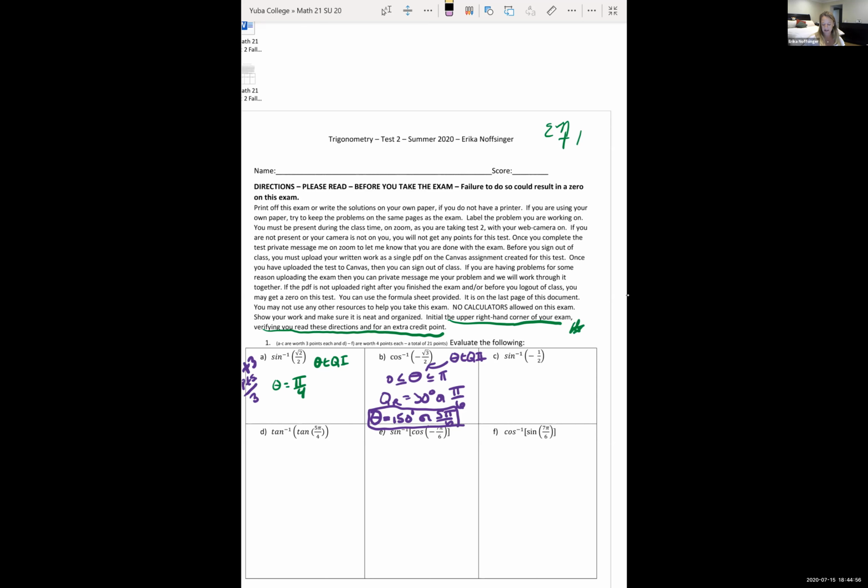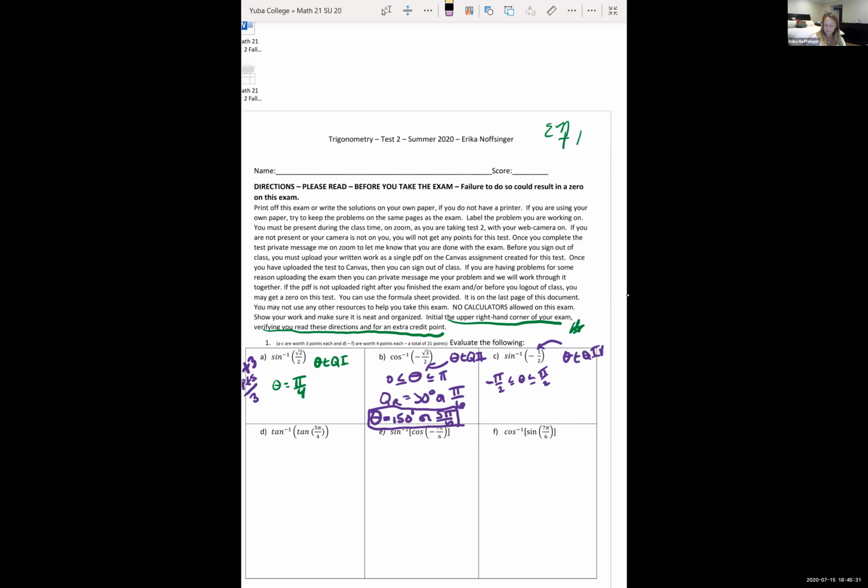So here, again, sine inverse, I have to be between negative pi halves and pi halves. But this is negative, so I'm in quadrant 4. My reference angle, if I'm thinking about sine, when sine of what angle gives me positive 1/2, that's 30 degrees or pi 6.